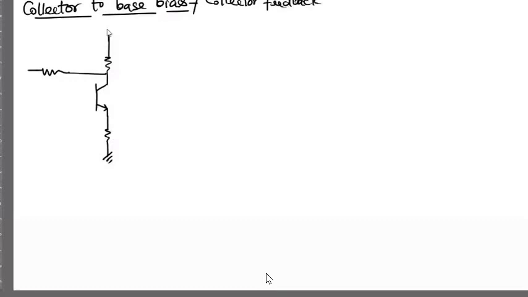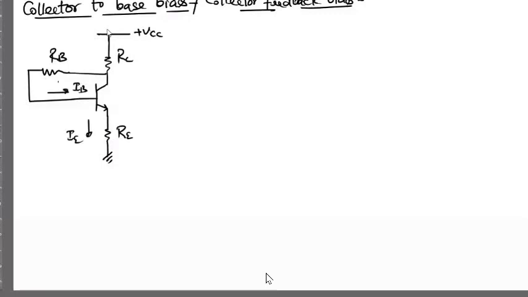What is the meaning of this word feedback? I'll explain. This is RC and this is plus VCC. This is RB, and this current IB, and this is IE, and this is RE. And as usual, this voltage drop across the output terminal is VCE, and this may be VBE. And this is also known as the feedback loop.